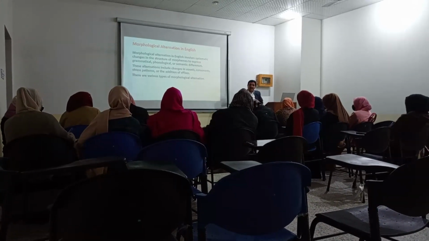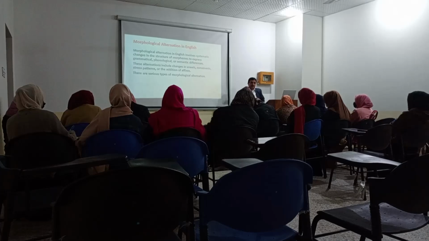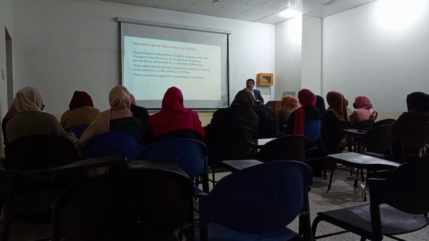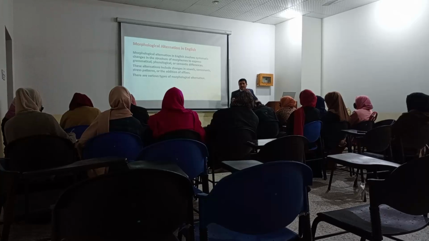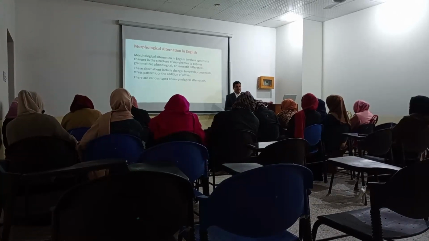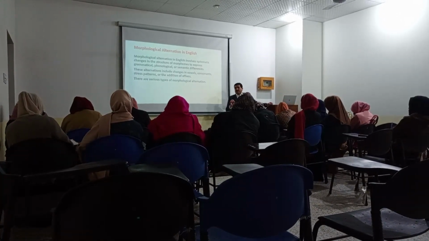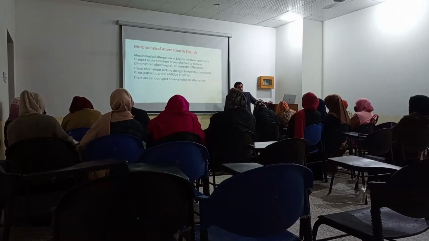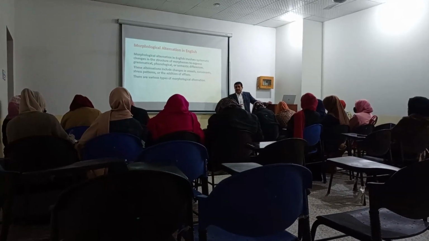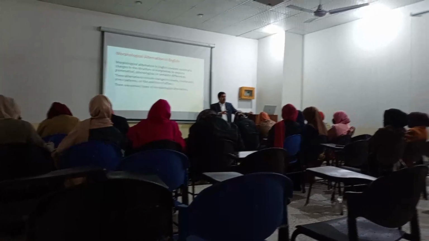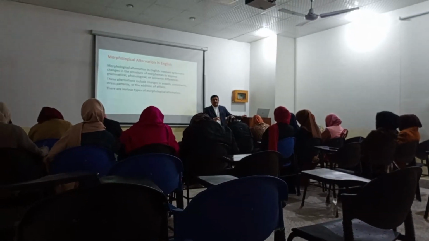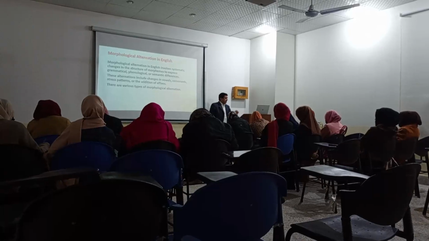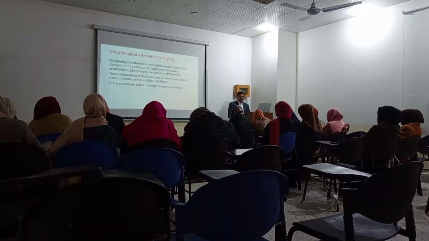There is only this difference between alteration and alternation. Alteration is changing without any pattern, without any system, without any rule. Alternation is changing on some specific pattern, on some specific system or rule. So that is why we call it morphological alternation.